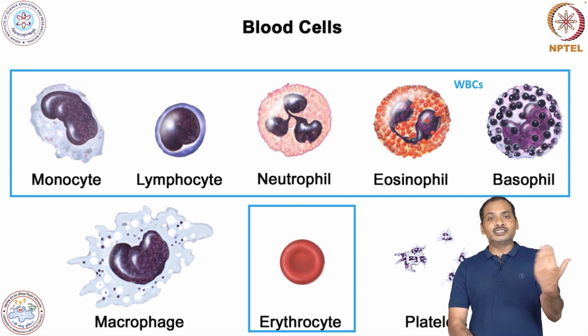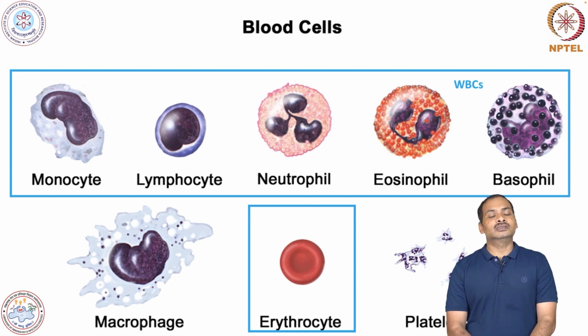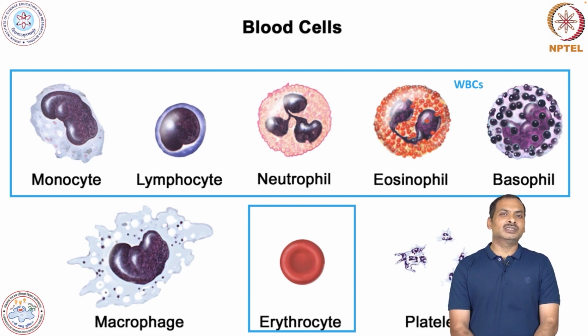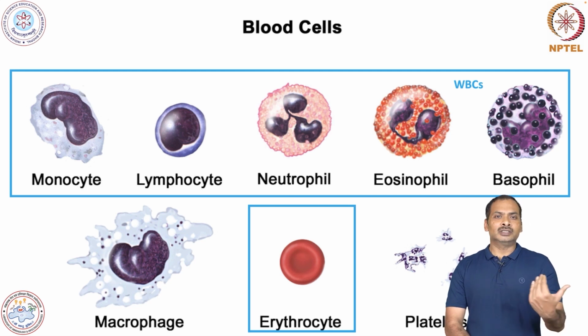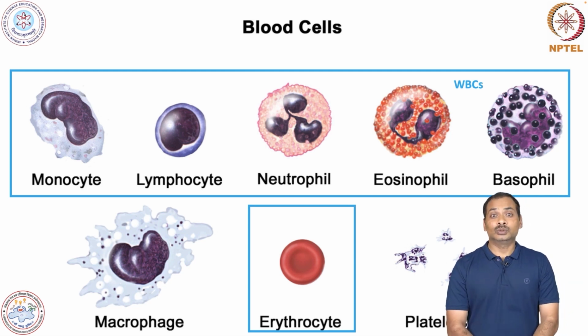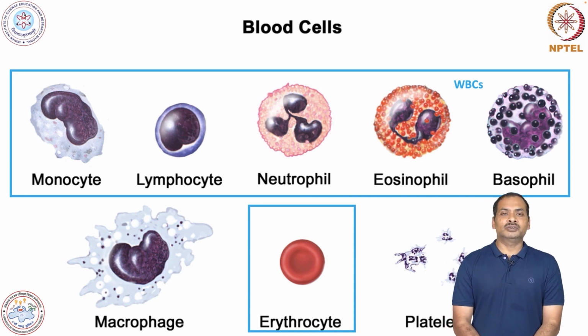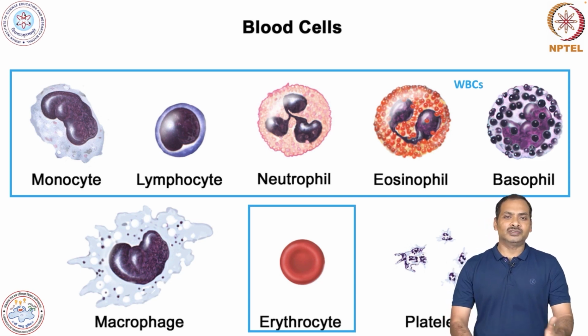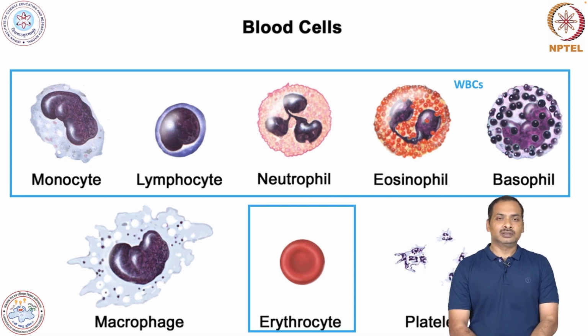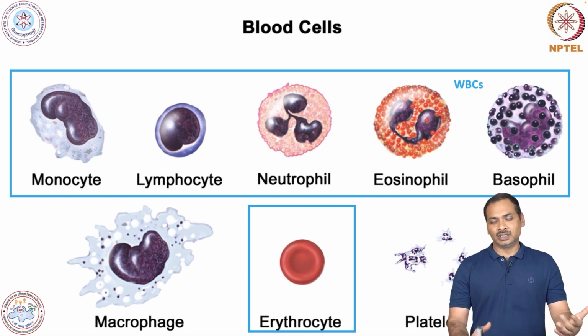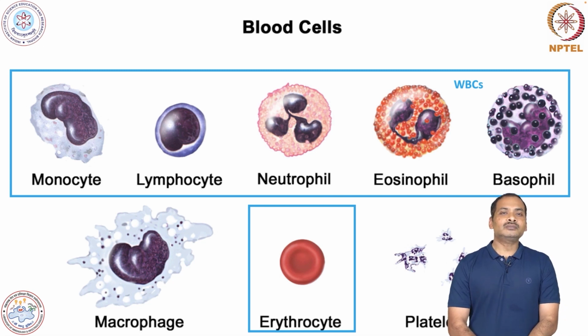So RBCs can be transported in those capillaries, and from the literature it seems that this biconcave structure also plays an important role in the movement of RBCs into those fine capillaries. So this is all a kind of prediction by physicists or biophysicists and some structural physics and biology people. Okay.